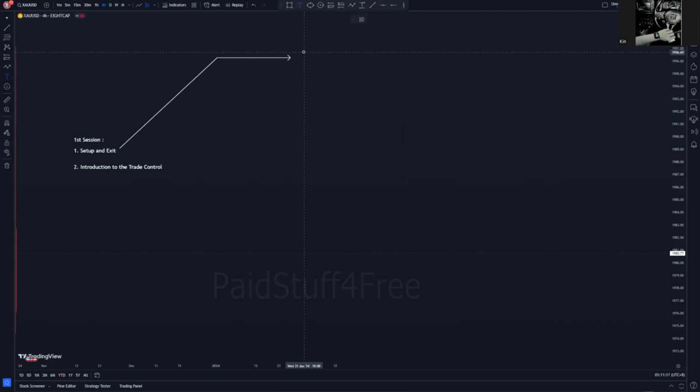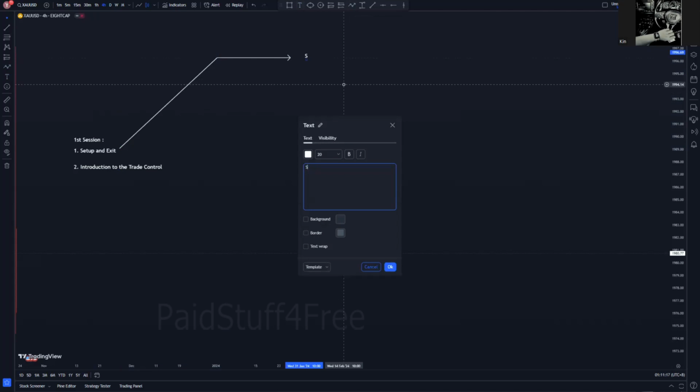My indicator is just my setup and the exit itself. The setup is going to be a level or a zone for me to take a buy or to take a sell. And then how about the exit? The exit is going to be my zones, or we can call it my level, for me to exit my position, whether it's for buy or for sell.